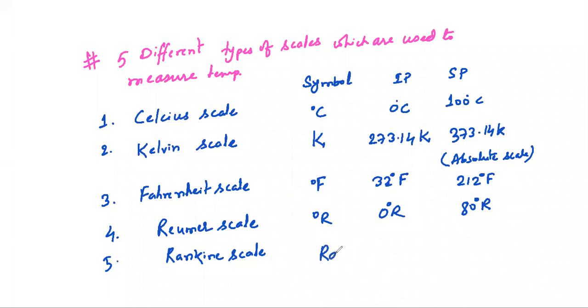Its unit is Ra. For this, the ice point is 460 Rankine, and the steam point is 672. Please note down this, all of you.